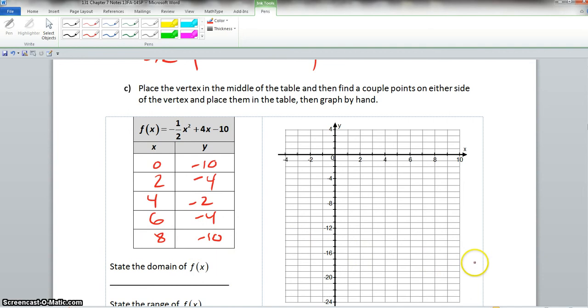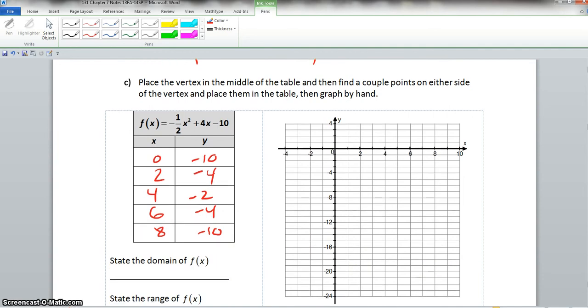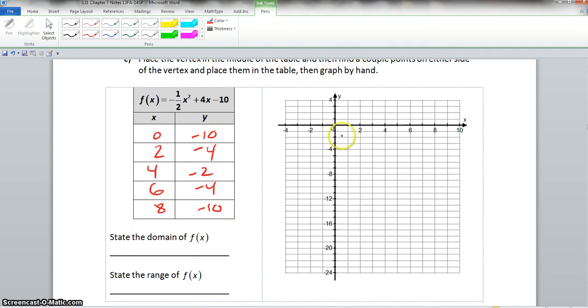Now, what we would need to do here is we need to plot these points. Okay, we have 0, -10, which we know would be about here. We have 2, -4, which would be here. We have 4, -2, which would be here. We have 6, -4, which would be here.